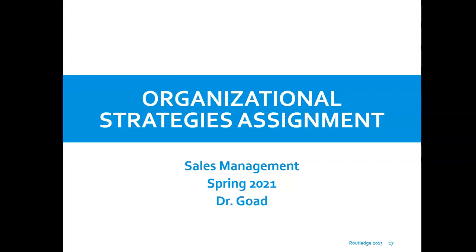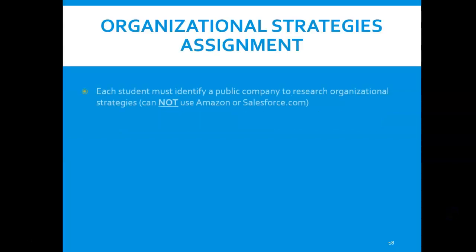So, in this assignment, you are going to identify a public company to research their organizational strategies. You cannot use Amazon or Salesforce.com. Why? Because I posted an example from last semester of a student that did Amazon, and I think it'll be helpful for you.